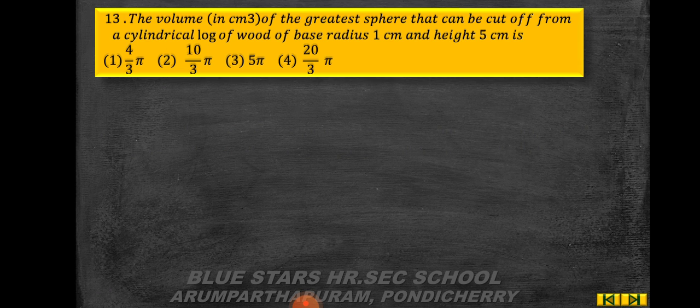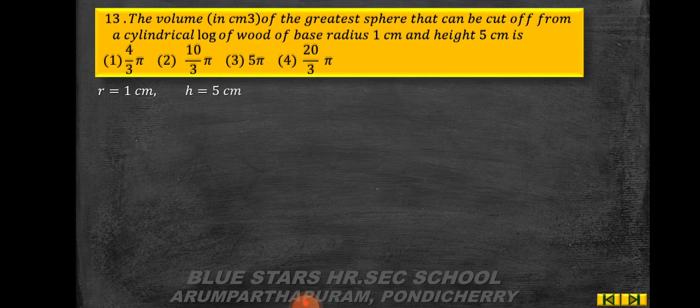Question number 13. The volume in centimeter cube of the greatest sphere that can be cut off from a cylindrical log of wood of base radius 1 centimeter and height 5 centimeter is: option 1, 4 by 3 pi; option 2, 10 by 3 pi; option 3, 5 pi; option 4, 20 by 3 pi.